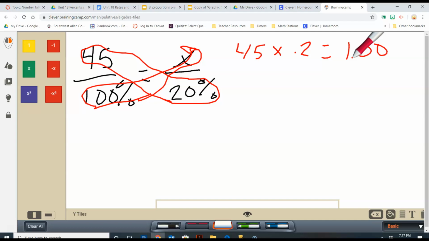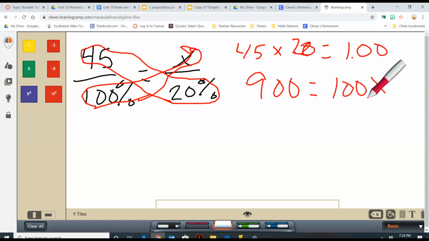So let's see. Start with 45 times our 20%. And if it's easier to just leave this as 20, 45 times 20, 900 equals 100 times x.